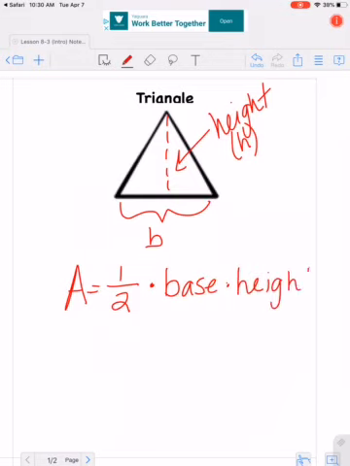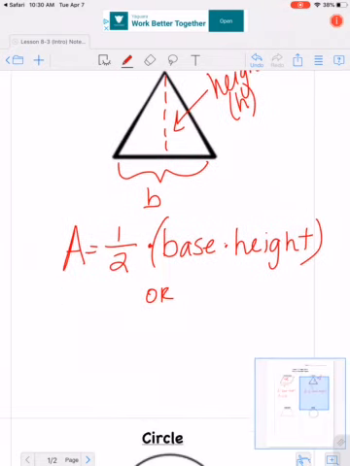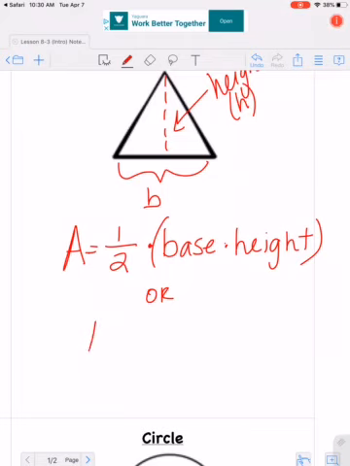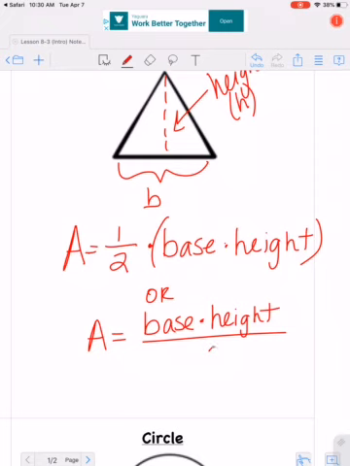Now, there's a few different ways that you can write this. You can write it as 1/2 times the base times the height, or an easier way: the area is equal to your base times your height, and all of that divided by 2.